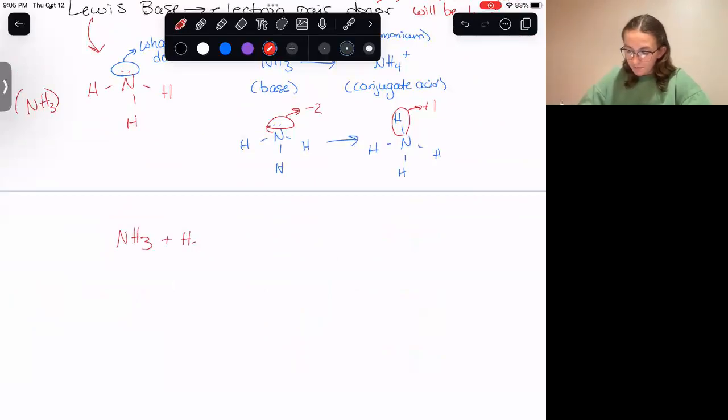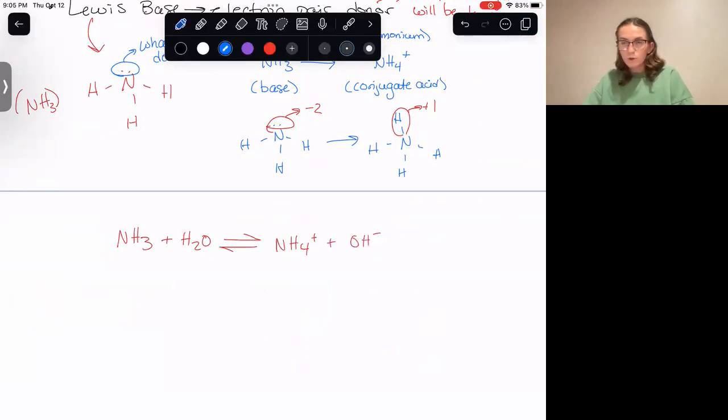NH3 and water forming an equilibrium, which one is your base here? This will be your base, which means H2O is your acid.